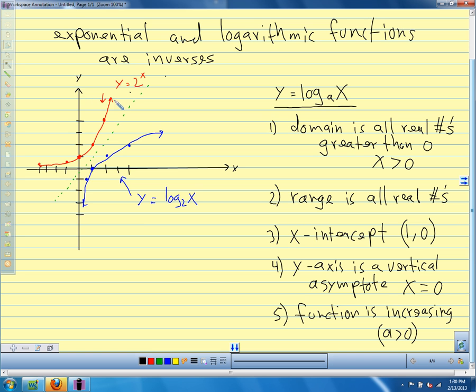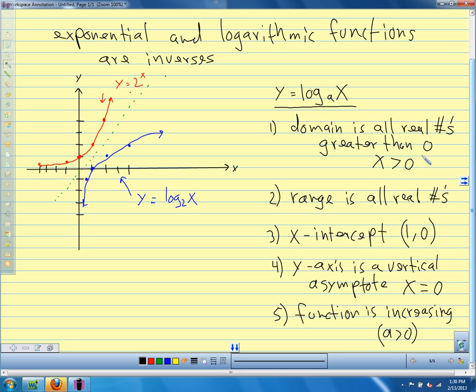Any questions on our properties of our graphs? Really all I want to talk about is how we're going to graph a shifted logarithmic function, and then talk a little bit about the domain. Not a lot of information today.